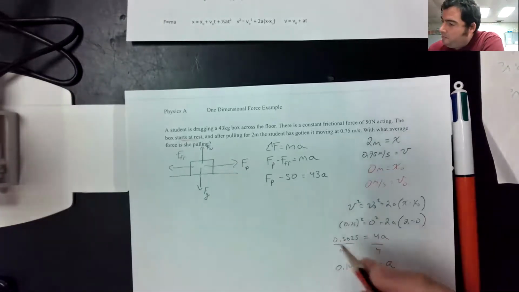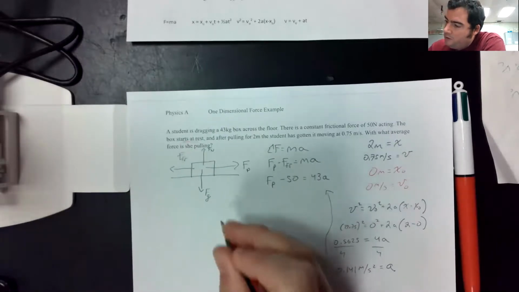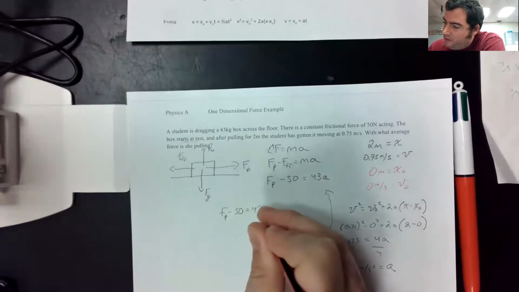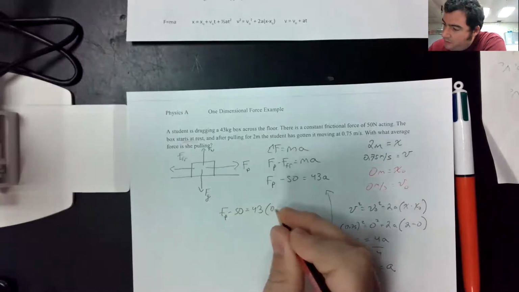All right, so now I can sub in. So I get FP minus 50 is 43 times 0.141.